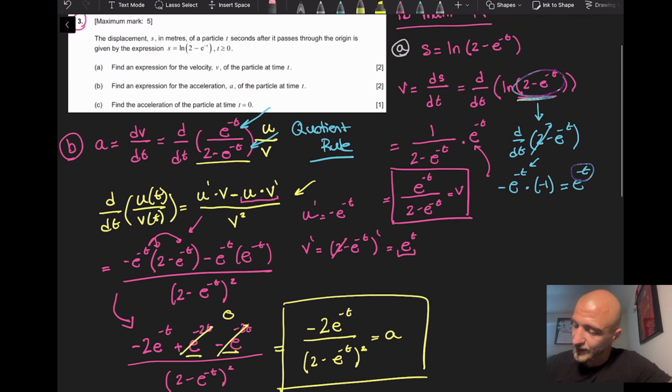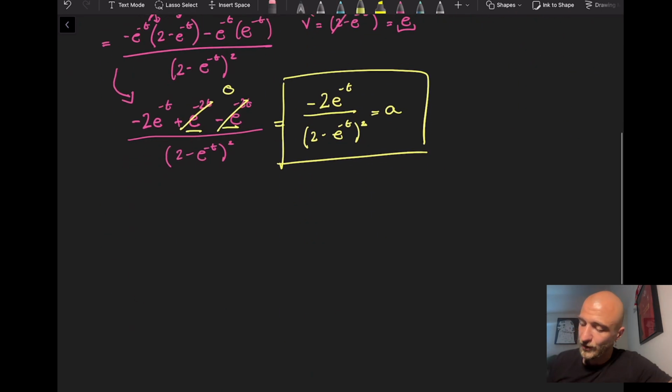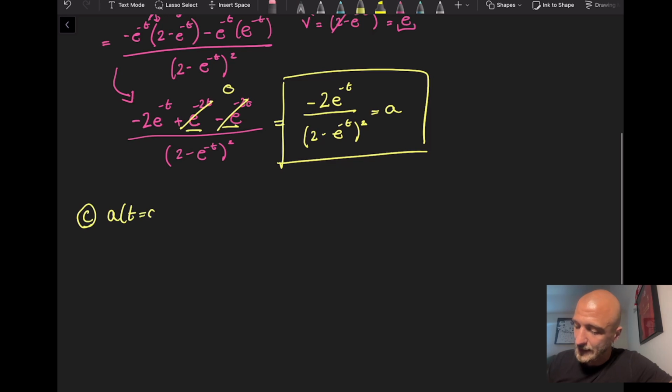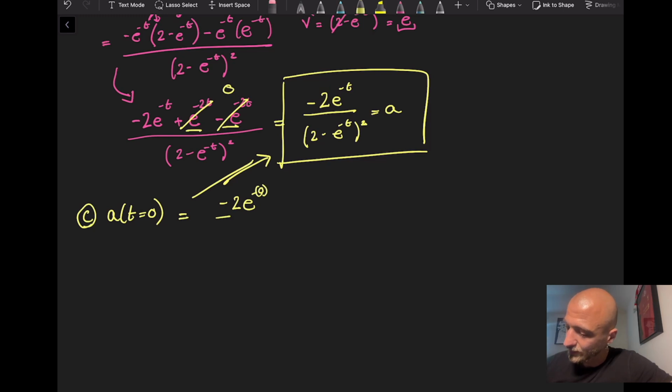Now, part C is perhaps the easiest. Find the acceleration of the particle at time 0. These questions are awesome because they're free points. The acceleration at time 0 literally just means we plug a 0 into that new expression we have for t and see what it spits out. Let's rewrite the whole thing, but every time we see a t, we write a 0: negative 2 times e to the negative 0, over 2 minus e to the negative 0, squared.